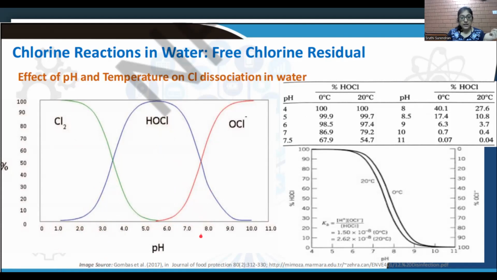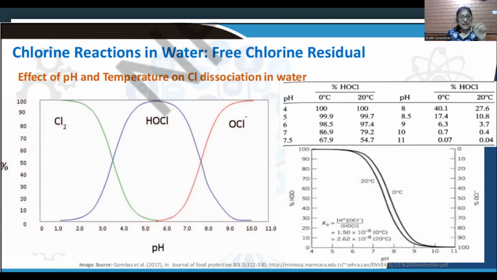Now again, if the pH of the water is increased from 7.5 to above, like 10, hypochlorous acid is going to dissociate into hypochlorite ion and H+. So this is giving us an idea of the form of chlorine existing at different pH values.